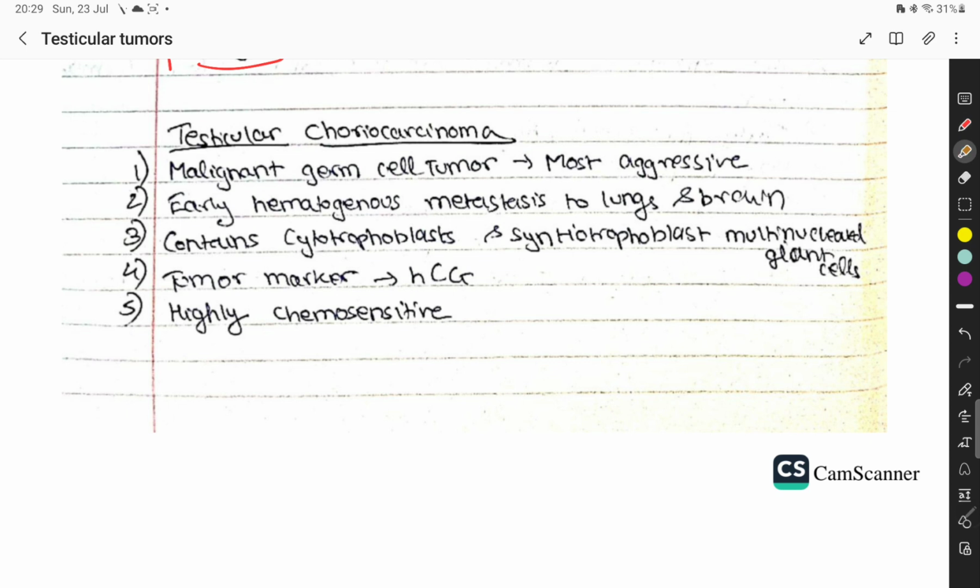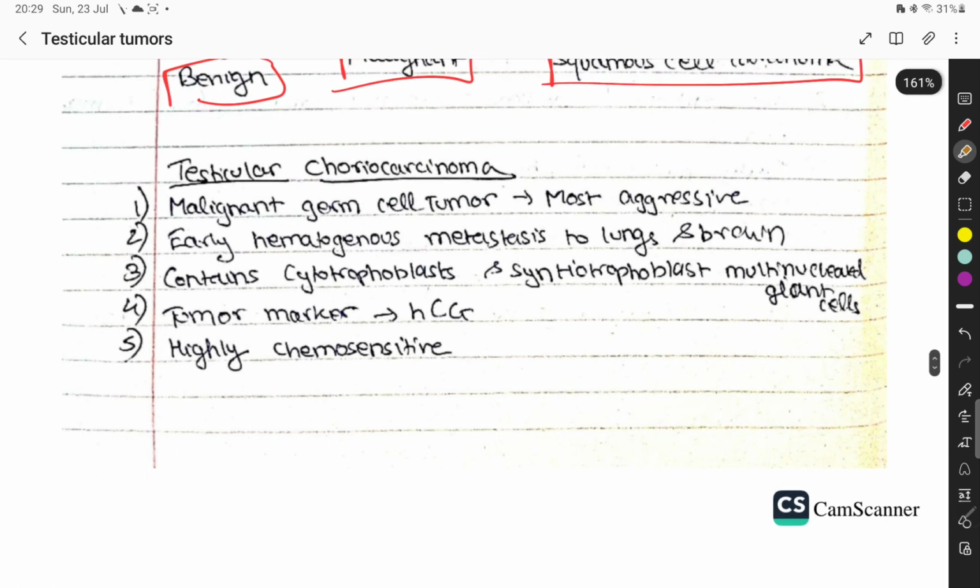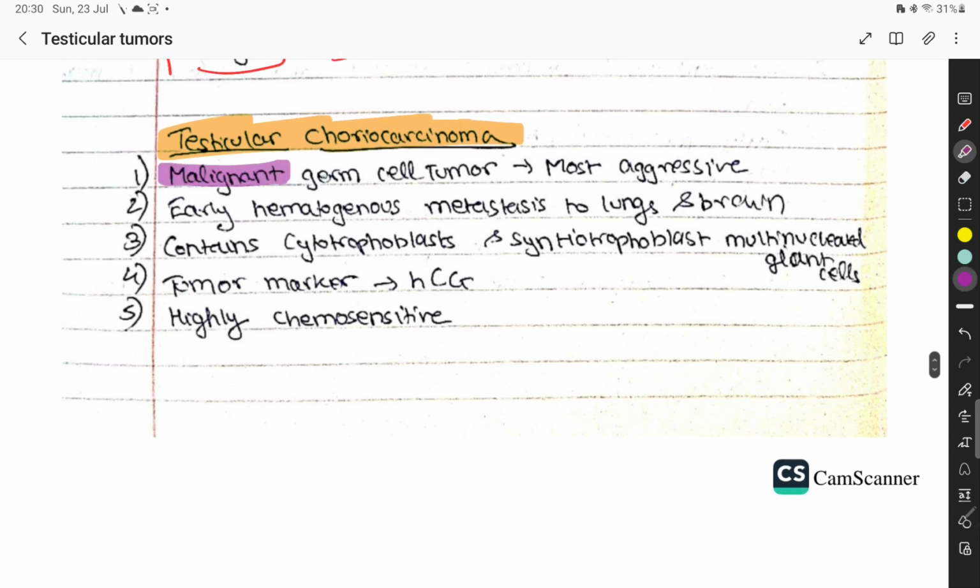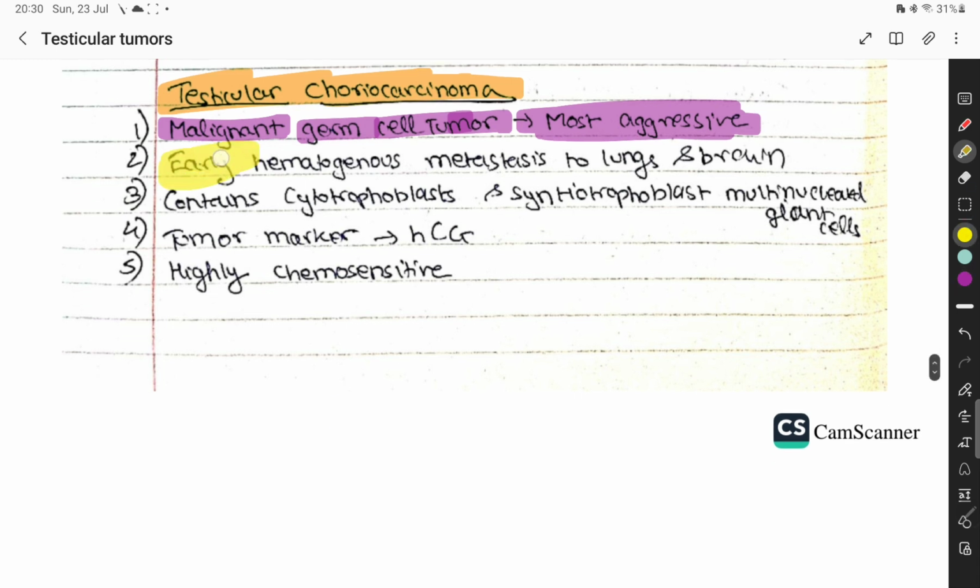Then the last one, no, not the second last one, you have the testicular choriocarcinoma. It's again a malignant germ cell tumor, the most aggressive. So what is the most aggressive tumor of the testicular tumors? Testicular choriocarcinoma. Then you have early metastasis because it's very dangerous and aggressive. Early hematogenous metastasis to where?